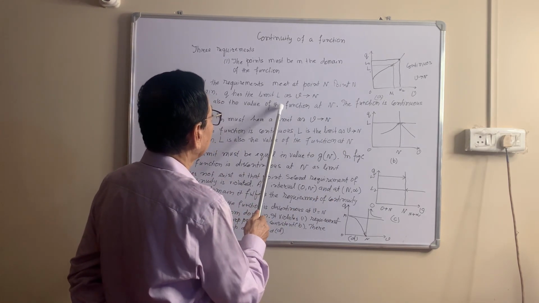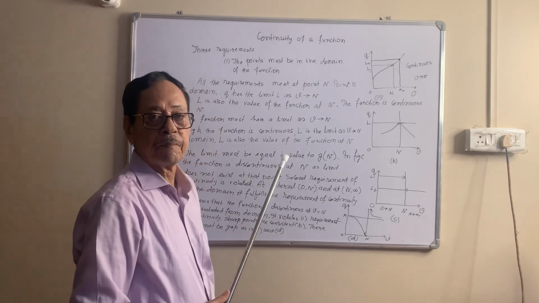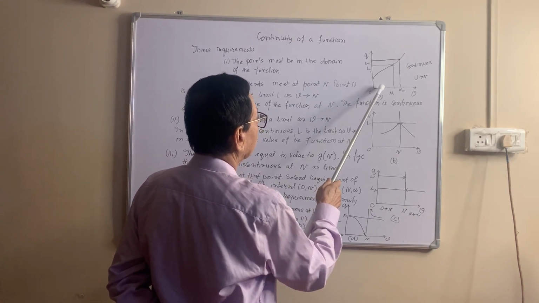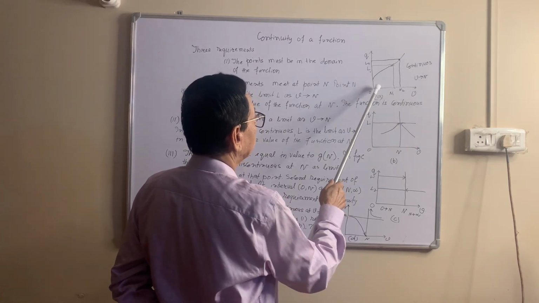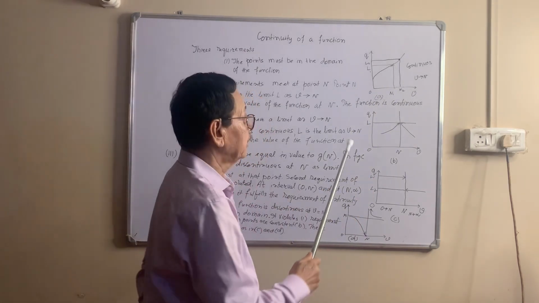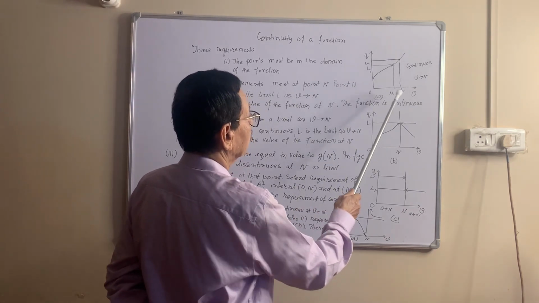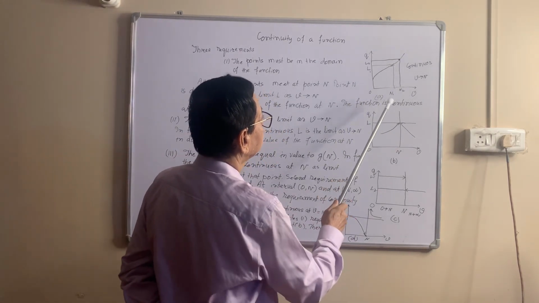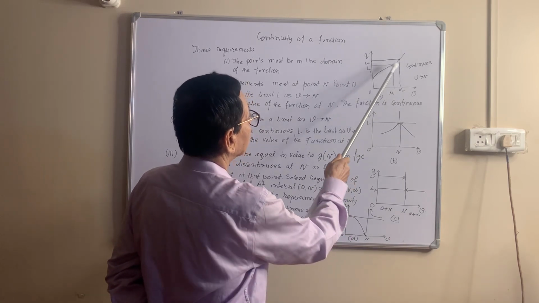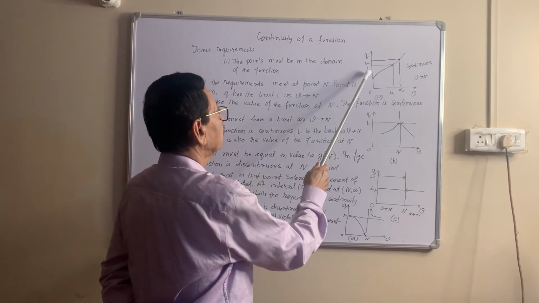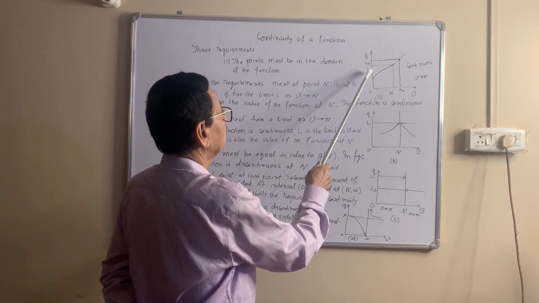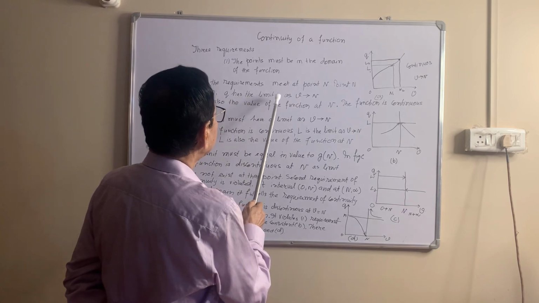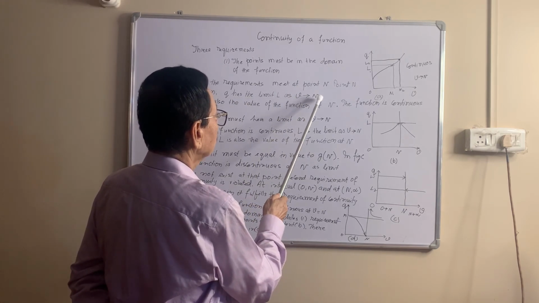And Q has the limit L as V tends to N. So N1, N2, N3, and so on up to V, or V1, V2, V3, up to total V. So V tends to N. If we put N for V, these different levels of V are represented by N1, N2, and so on, and the corresponding Q, actually Q1, Q2, but the range is represented by L1, L2. So Q has the limit L as V tends to N.